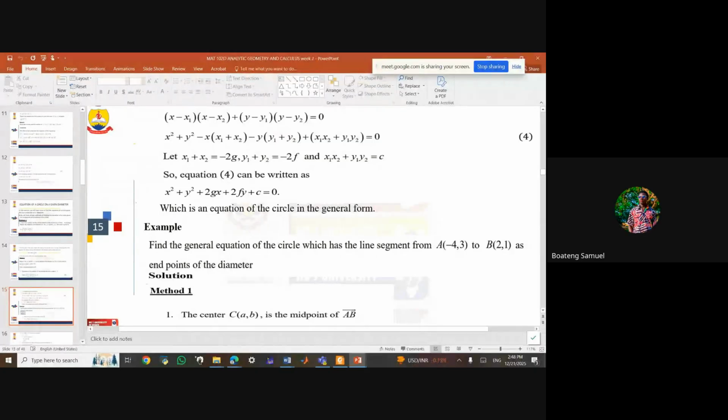Sammy, which one are you solving? I'm using the second method. So we are using method 1. So you find the midpoint of AB.